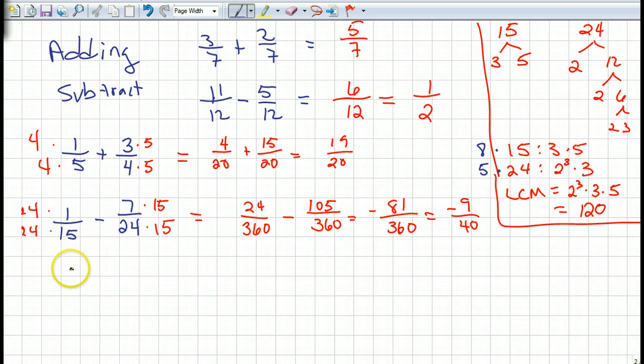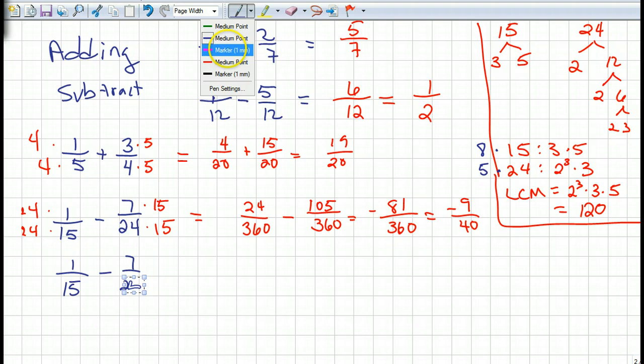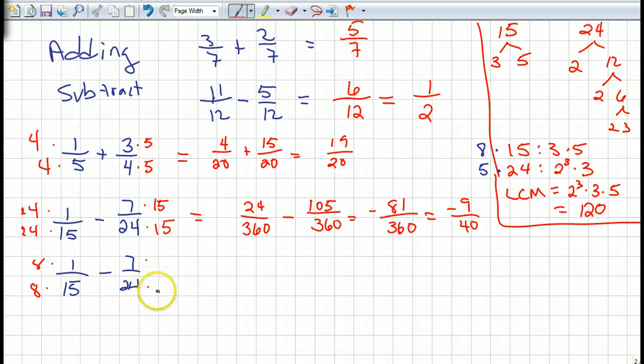So going back to this, I'm going to multiply the 15 by 8 and the 24 by 5.